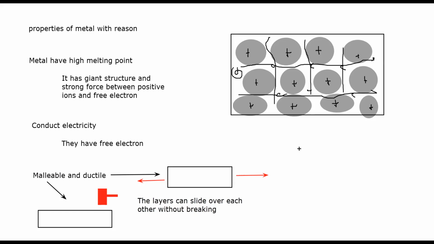So say we have a metal, this is a structure of a metal, which contains positive ions.